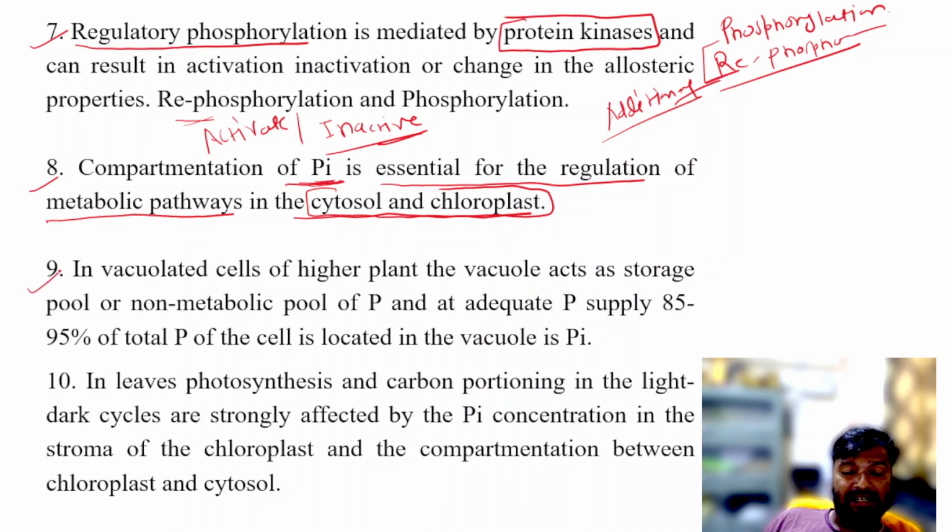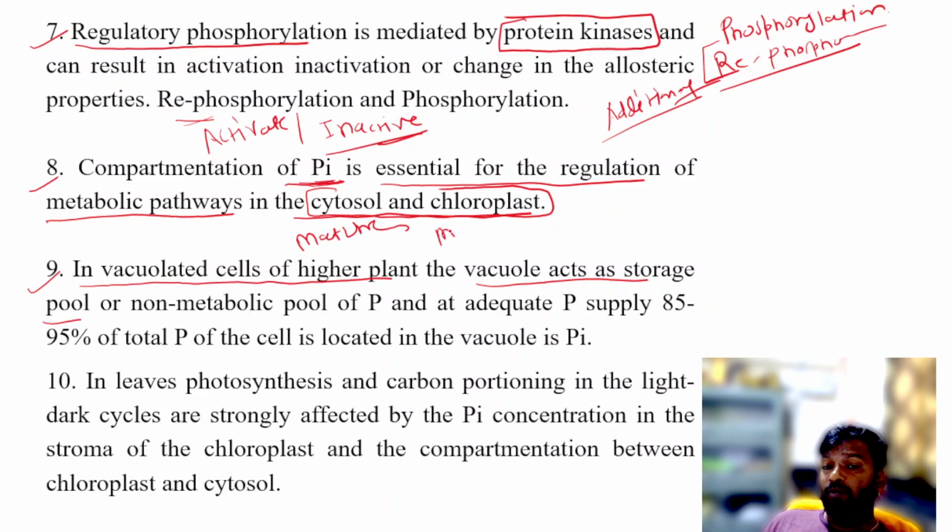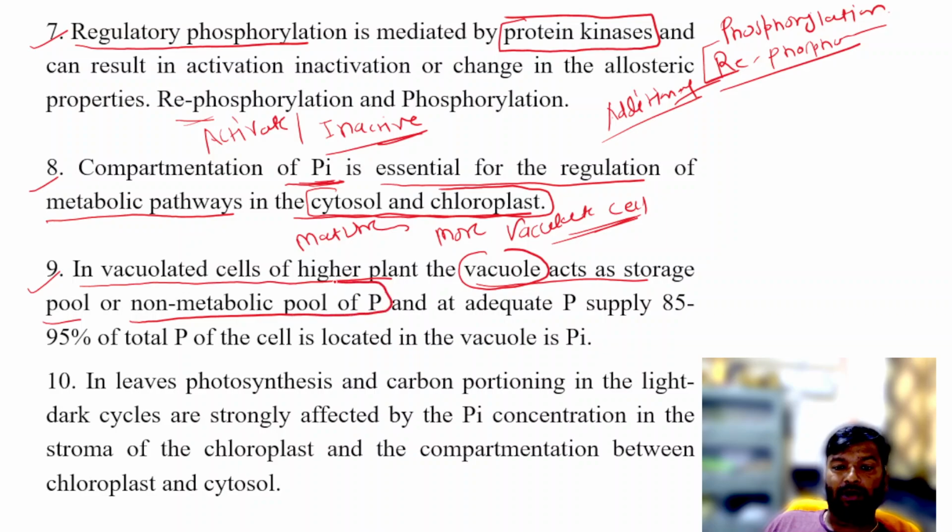Okay, next point, in the vacuolated cells of higher plants, the vacuoles act as storage pools. In the mature cell there are more vacuolated cells, so the vacuole acts as a storage pool or a non-metabolic pool of phosphorus. Okay, means this phosphorus is not available for metabolic reactions.